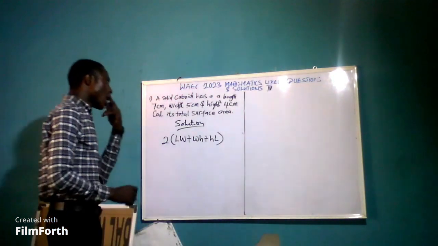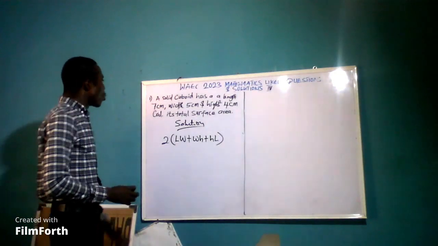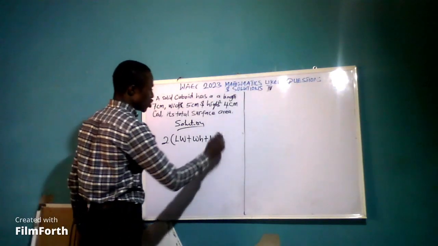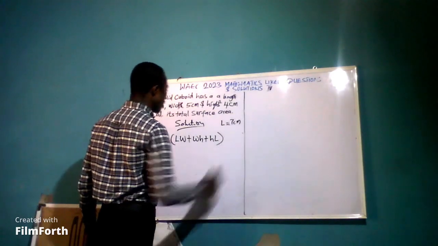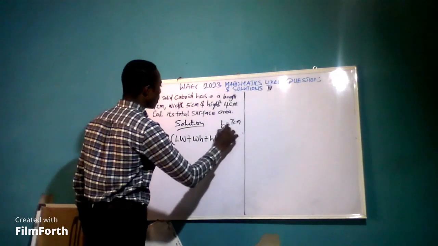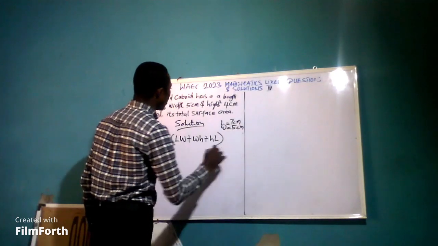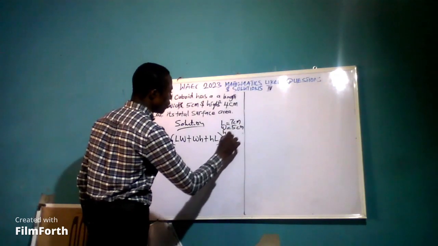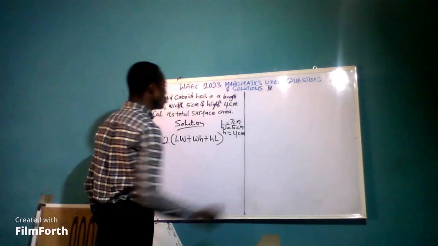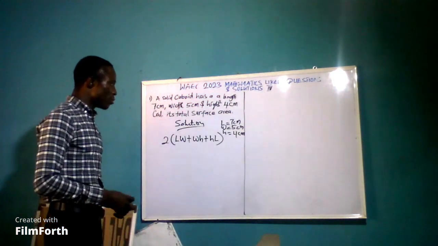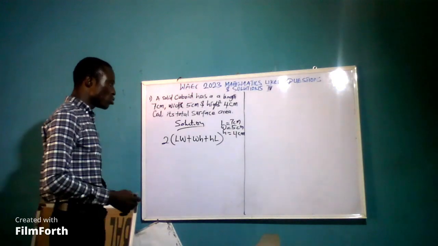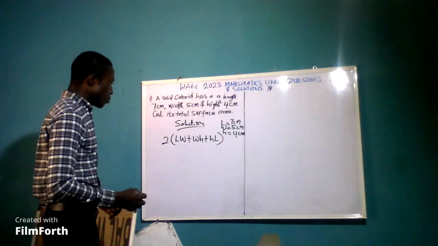In the question given, we are given length to be 7 centimeter, width to be 5 centimeter, and height to be 4 centimeter. So what you need to do now is just to input all these values for each variable into this formula, and you are good to go and have your result on ground.